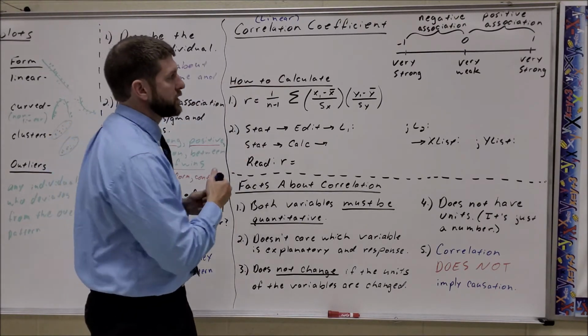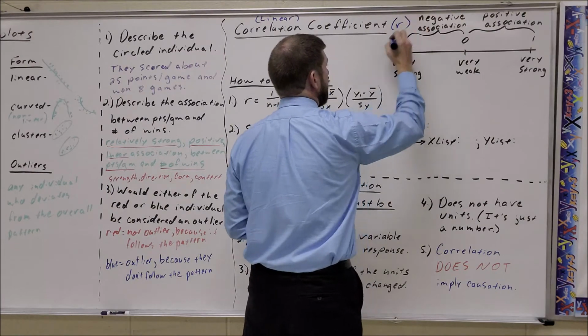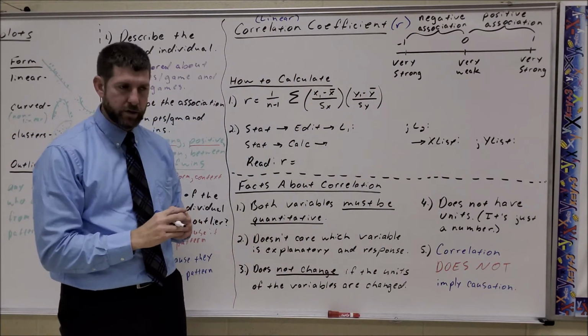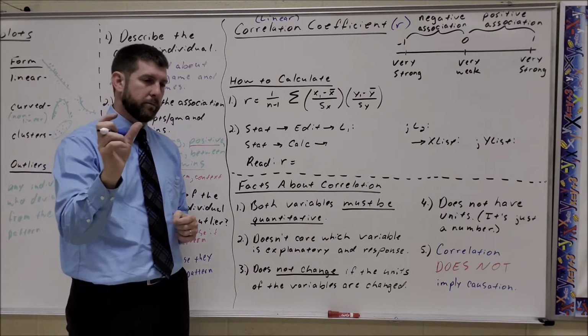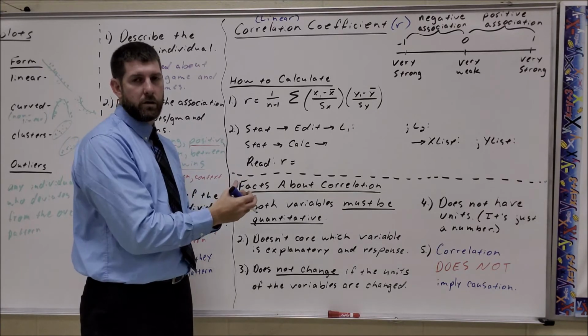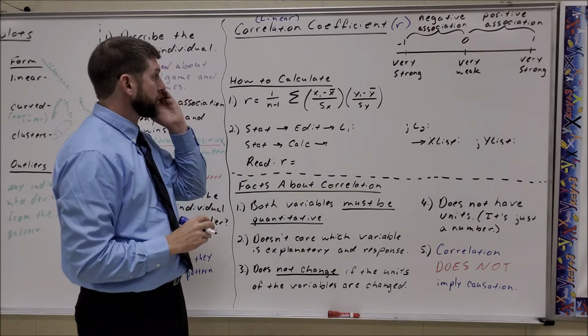So when we talk about correlation coefficient, or R, that's our symbol for correlation coefficient. That's our symbol for sample correlation coefficient. We'll talk much later about population correlation coefficient. So my R, I'm using what's going on in a sample to predict what's going on for other groups.